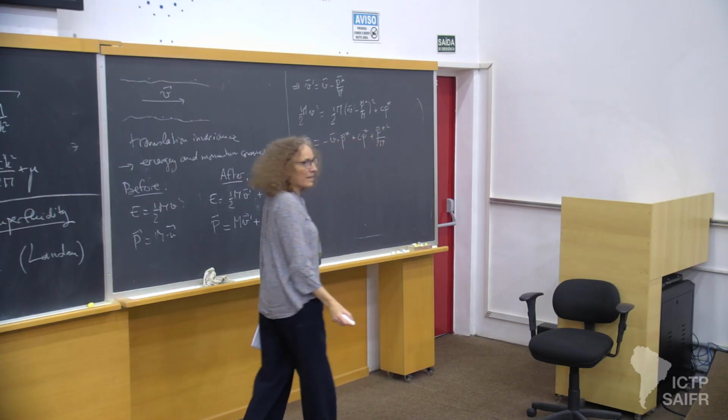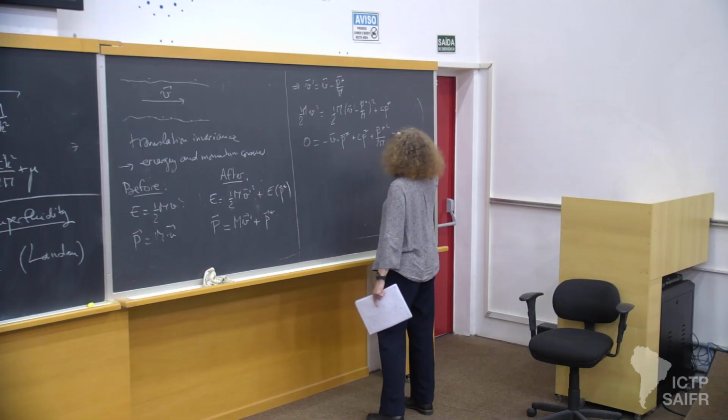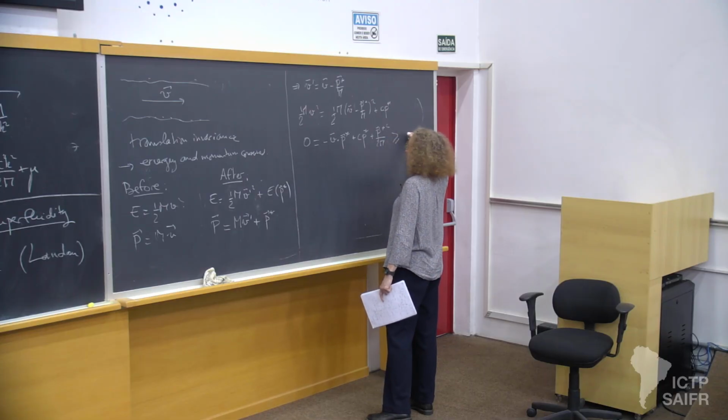And so as p star squared over 2m is positive, this is greater than c p star minus v scalar p star.